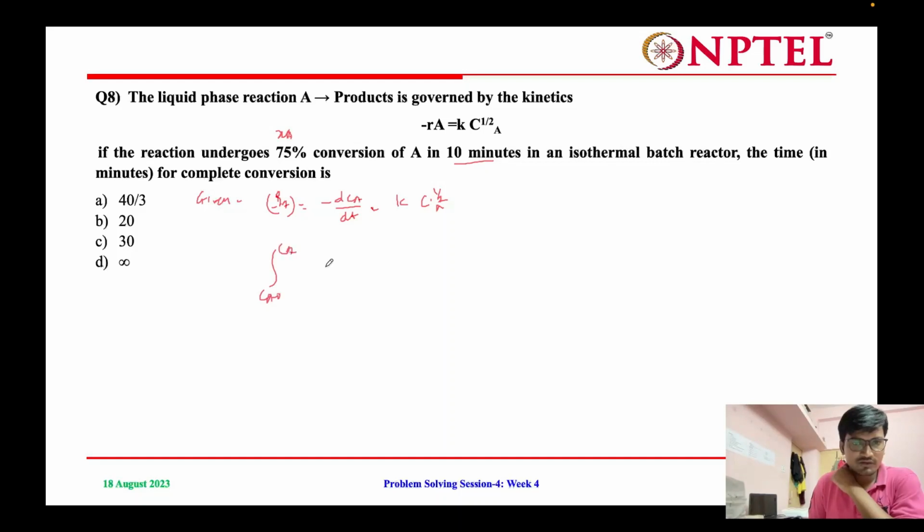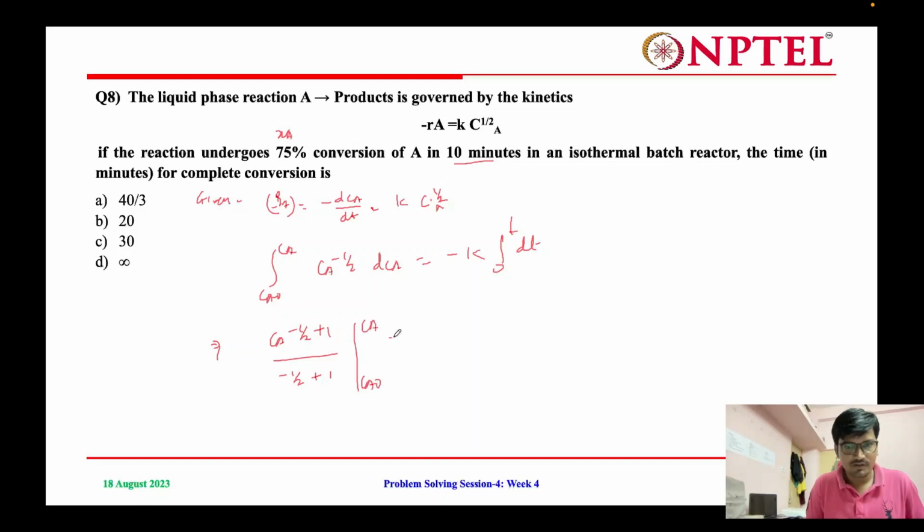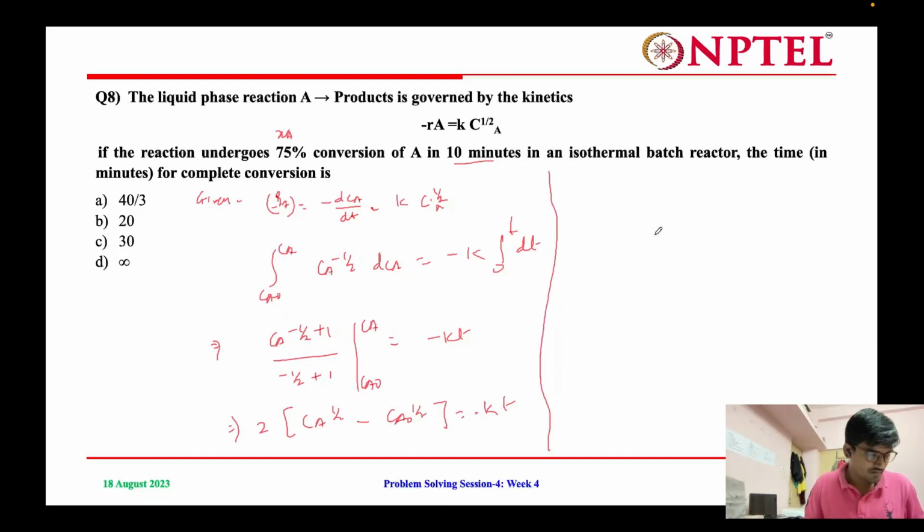Integrating C A naught to C A, dC A by C A to the power 1 by 2 equal to minus K times 0 to t. So 2 C A to the power 1 by 2 minus C A naught to the power 1 by 2 equal to minus Kt.